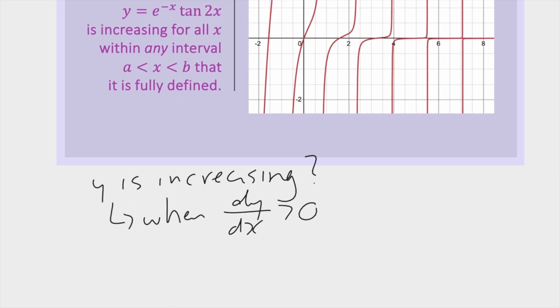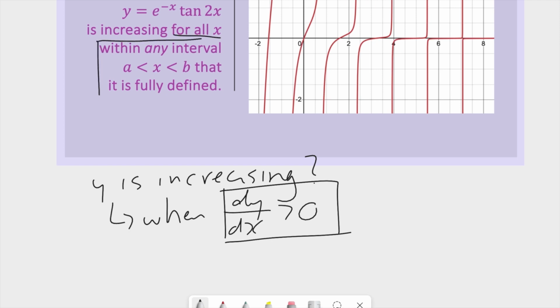So basically what the question is asking you to prove is that dy by dx is always greater than 0, although, well, not always, but for all x, excluding intervals which have an x which is not defined, but we'll get more onto that later.